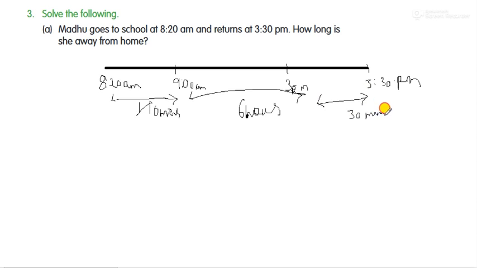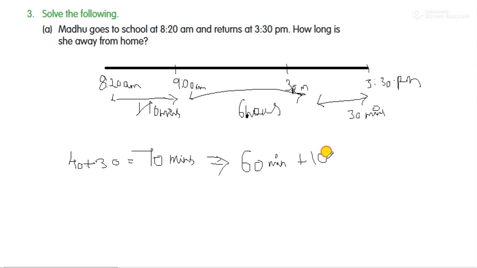Now add the minutes here. 30 plus 40 is 70 minutes. So it is greater than 60 minutes, which means 60 minutes plus 10 minutes. Now this 60 minutes we have to convert into hours. So it's 1 hour 10 minutes.